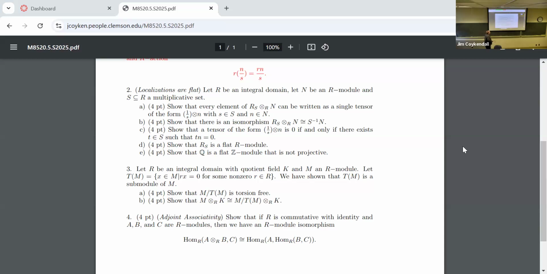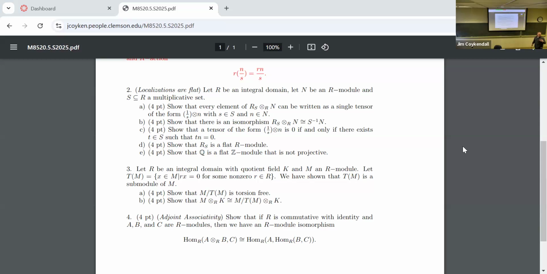Show that a tensor of the form 1 over S tensor n is 0 if and only if there exists a T in S such that T n is 0. That's kind of a nice thing, and it depends on the previous part. Use this all to show that R localized at S is a flat R module.